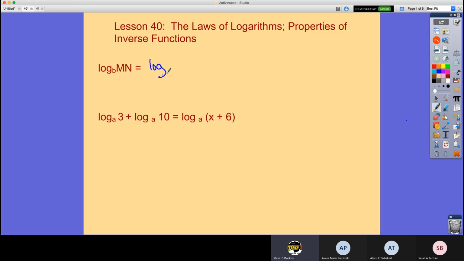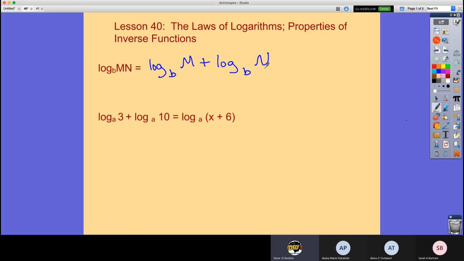We can split them apart by adding them. All right, so log b of m plus log b of n, and that's any time that those two are multiplied together.